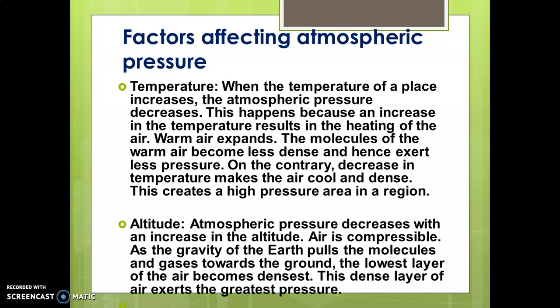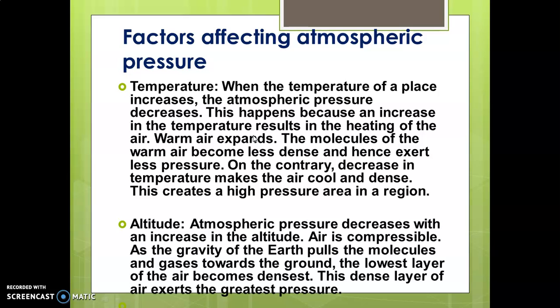As a result, the temperature of that area increases and the air also becomes warm, and we know warm air always expands, so low atmospheric pressure will exist there. The North Pole and South Pole receive slanting sun rays.